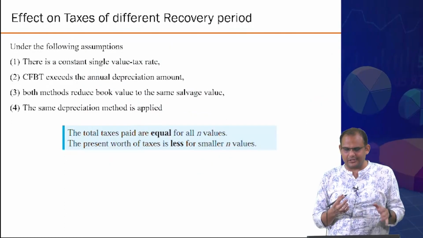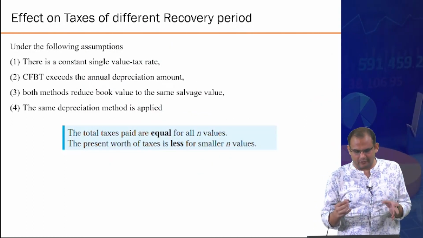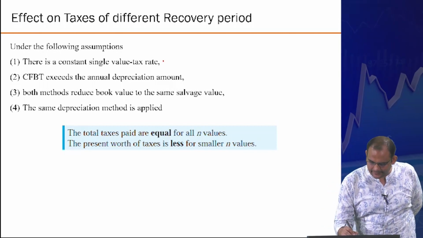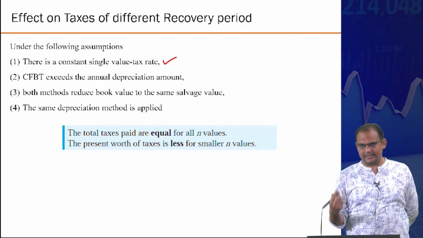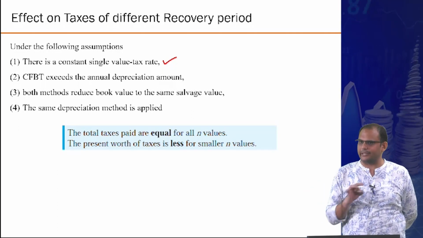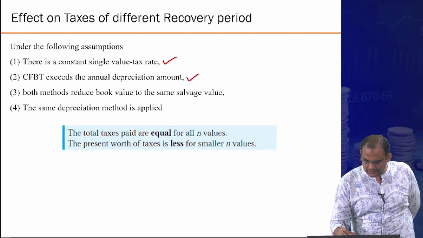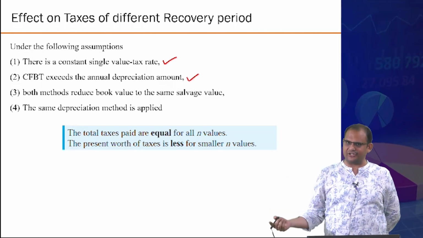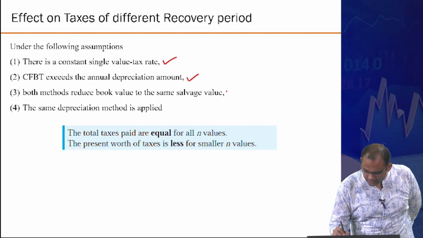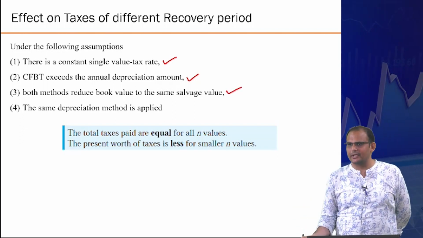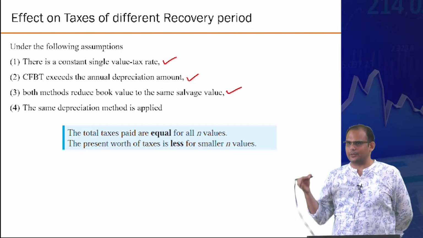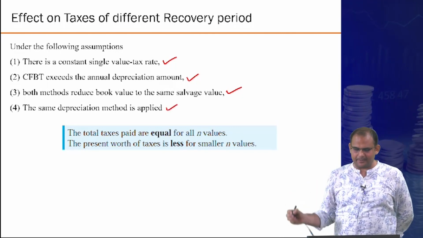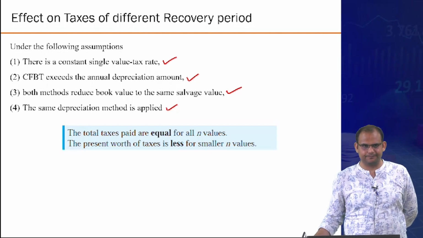So this is in general the concept. You can also use this rule of thumb. Whenever there is a constant single tax rate system, like you are using a uniform tax rate, your cash flow before tax is more than the depreciation amount, both methods that you are using reduce the book value to the same salvage value, and the same depreciation method is being applied.